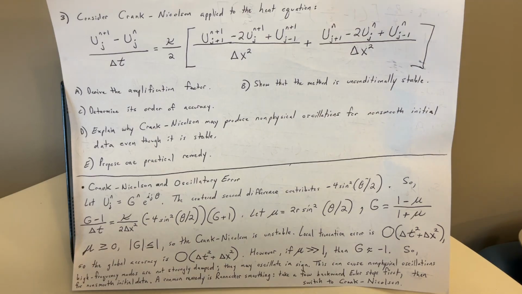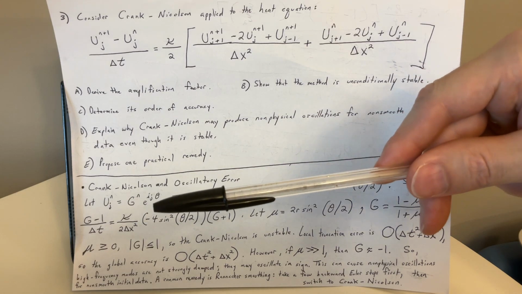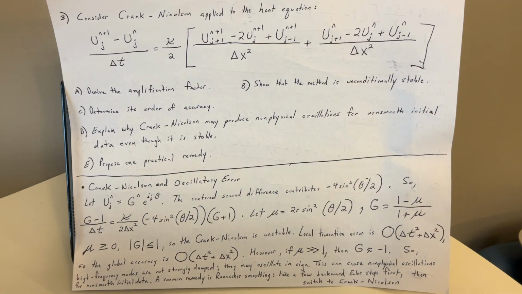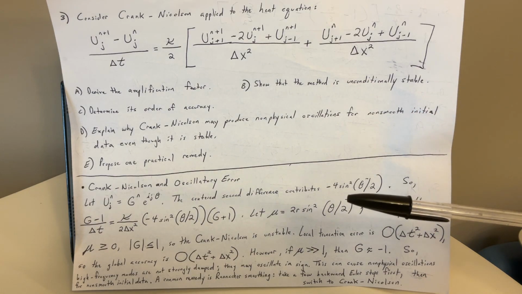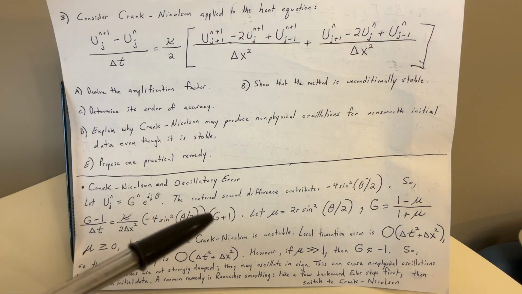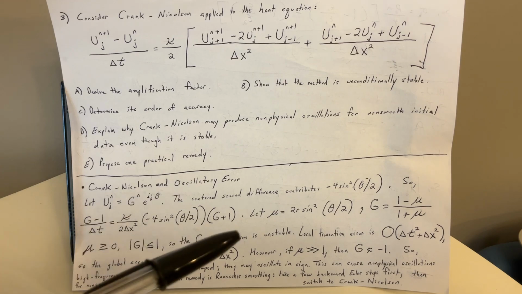We'll let u_j^n equal G^n e^{ij theta}. The centered second difference contributes negative 4 sine squared of theta over 2. So we get (G minus 1) over delta t equals kappa over 2 delta x squared times the quantity negative 4 sine squared of theta over 2 times (G plus 1).